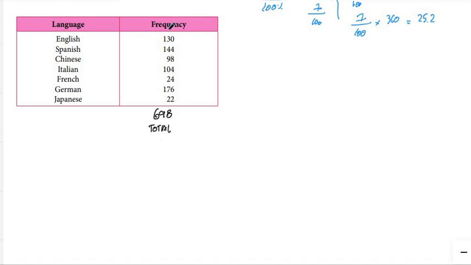Now you want to find the fraction for each one of these. For example, the fraction for English is 130 divided by 698, and for Spanish, 144 divided by 698, and so on. You have all the fractions.